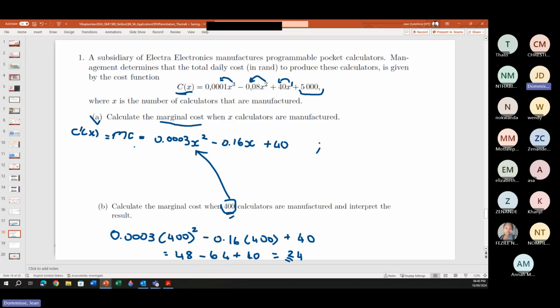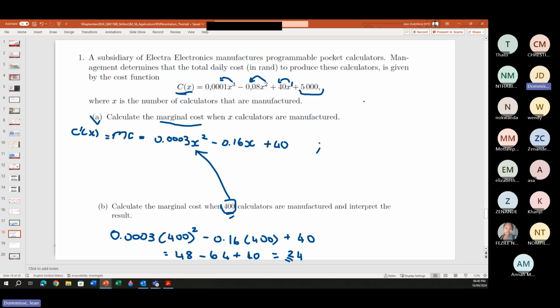First, work out what your marginal cost function is, and then you substitute the x with the number that they give you. I have seen in exam papers that one of the options they will nearly have put that 400 into the original and give that as an option as well.